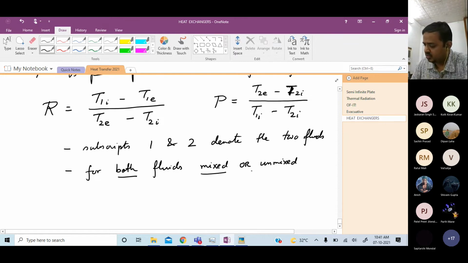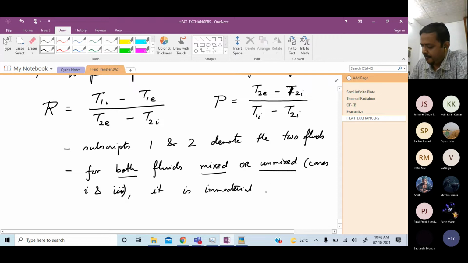Both mixed or unmixed, cases 1 and 3, it is immaterial which is hot or cold.